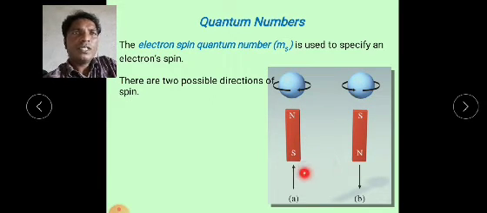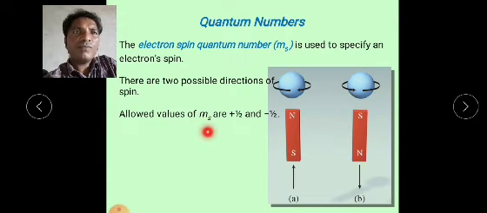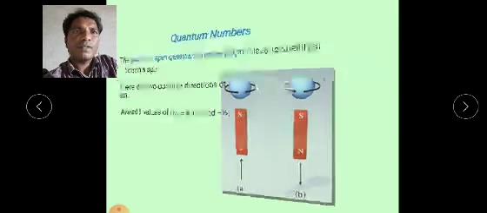So there are two possible directions of spin, and the allowed values for the electron spin quantum number are plus half and minus half.